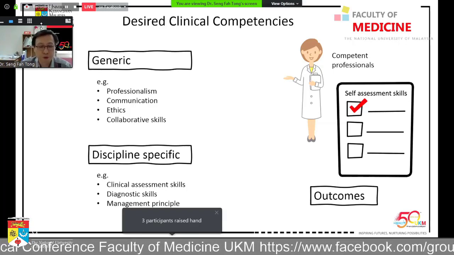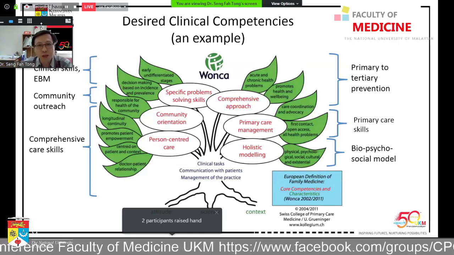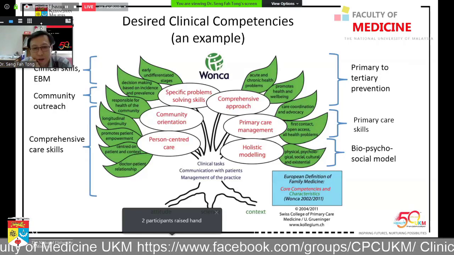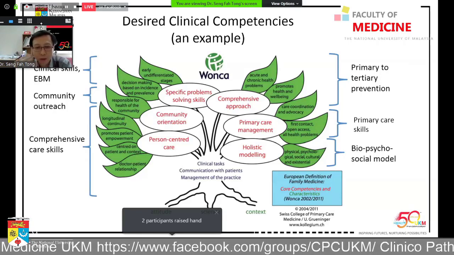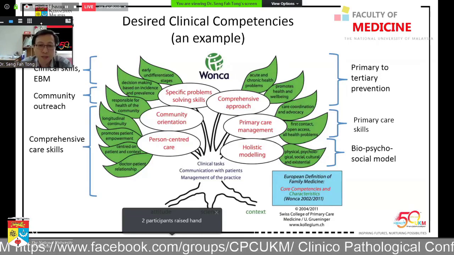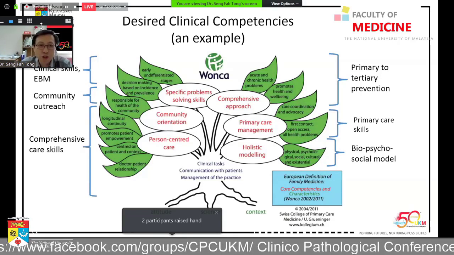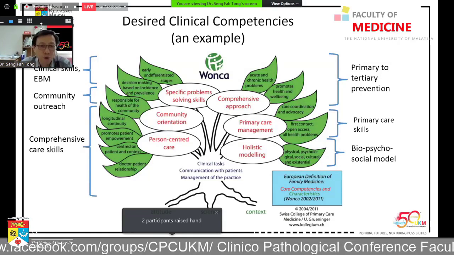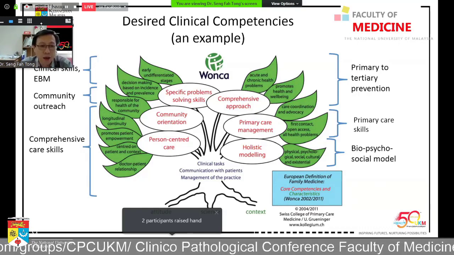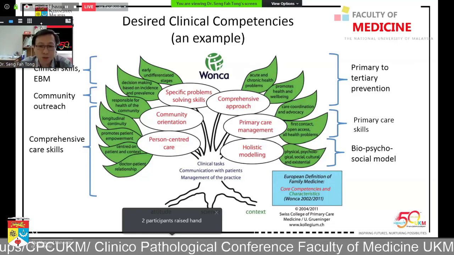Soft skills can be something that is challenging in clinical supervision. I'm just giving you an example of primary care competency. These are the areas of framework that we need to look up. Before we even talk about online, we need to go back to what exactly we want to supervise. This particular chart well summarizes what a primary care doctor, or rather a family physician, should acquire. What are the clinical skills they should acquire?